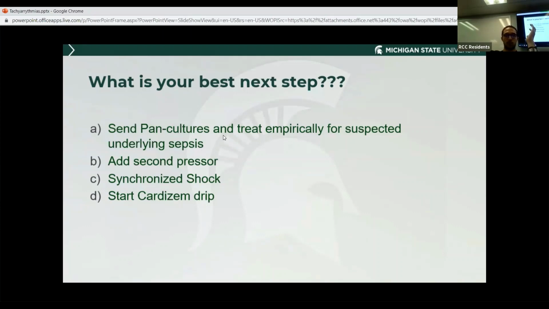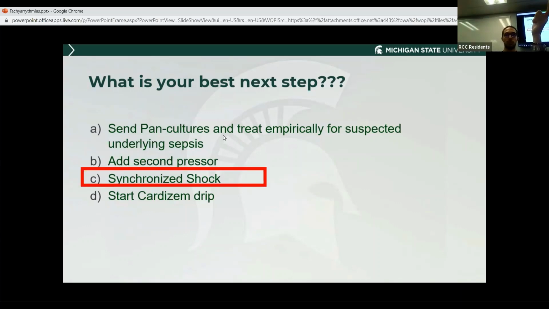You will start an anti-arrhythmic, but what you need to do right now, he's hemodynamically unstable. Shock him. You will be surprised how this patient's blood pressure will go back to normal with just a single shock, just with bringing his heart rate back into sinus.